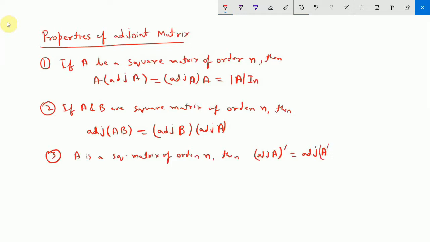Okay, the transpose of the adjoint of matrix A will be the same as the adjoint of A transpose.